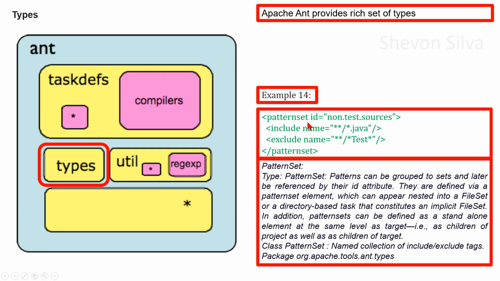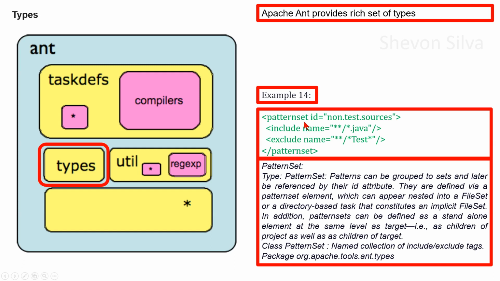They are defined via a pattern set element which can appear nested into a file set or a directory based task that constitutes an explicit file set. In addition, pattern set can be defined as a standalone element at the same level as target, that is, as children of project as well as children of target.